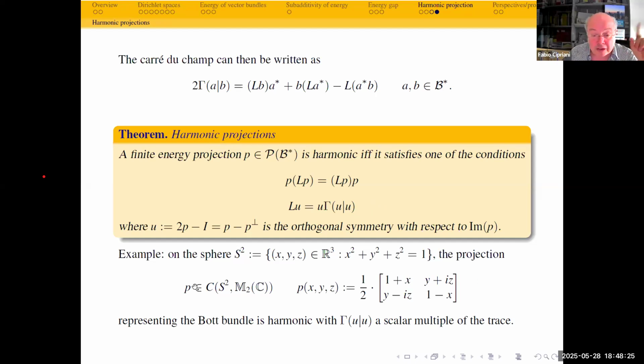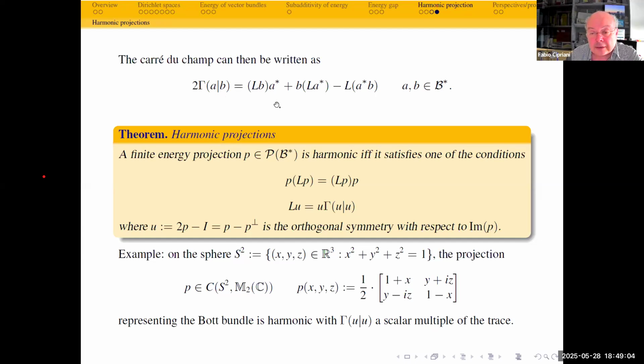And the only example I can show you is on the sphere. If one considers the Bott bundle, represented by this 2 by 2 matrix of continuous functions on the sphere, then this equation is in fact verified, and in this particular case this gamma, which is defined in this way, the carré du champ, is a multiple of the trace.